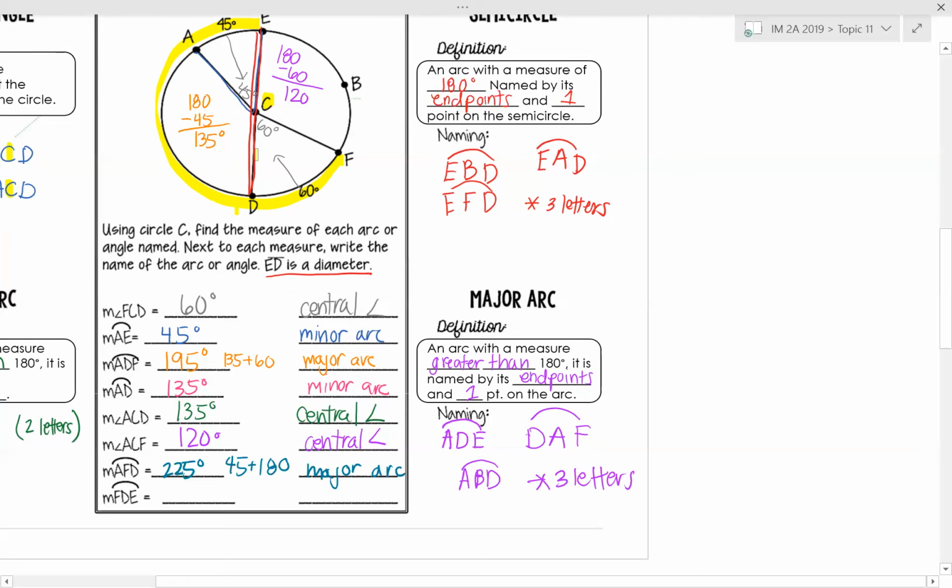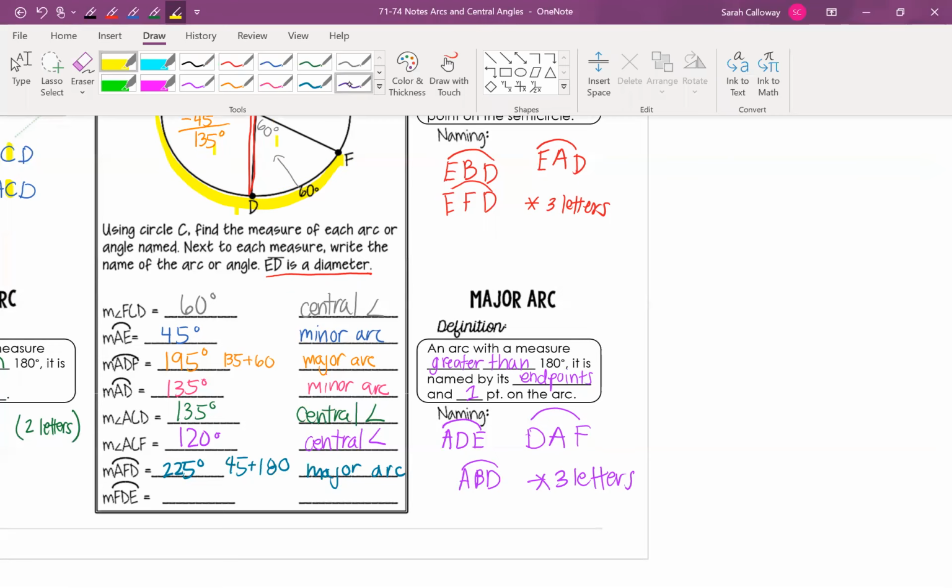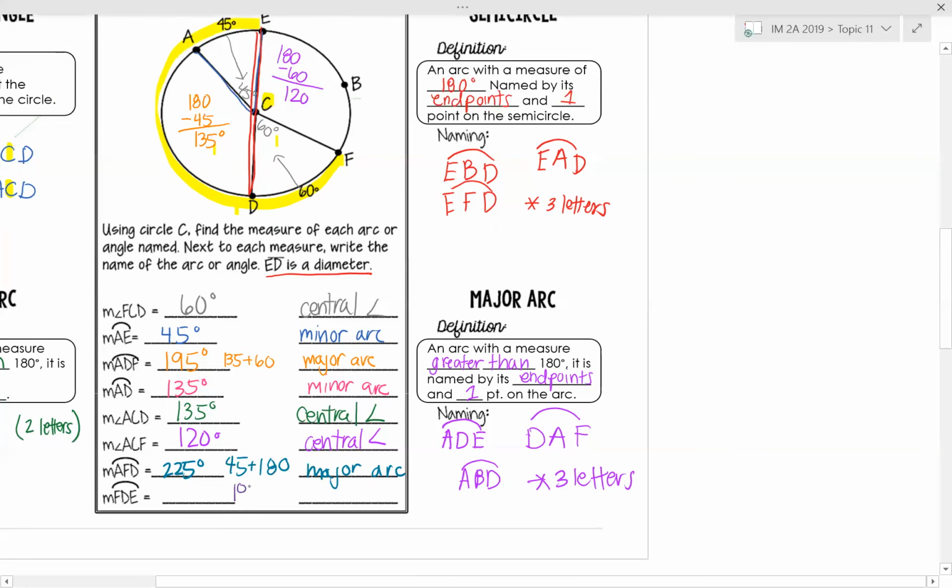That's my diameter. So I can just do 60 plus 180. I could also do 60 plus 35 plus 45. Whatever you see from the start, that's how you should figure out those answers. So if I do 180 plus 60, that's going to give us 240 degrees, which makes this a major arc.